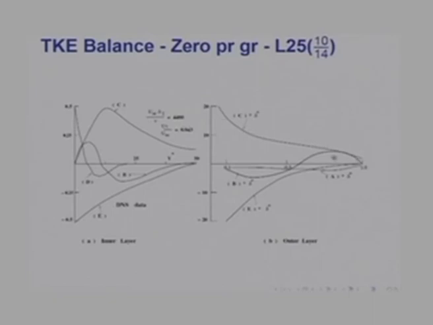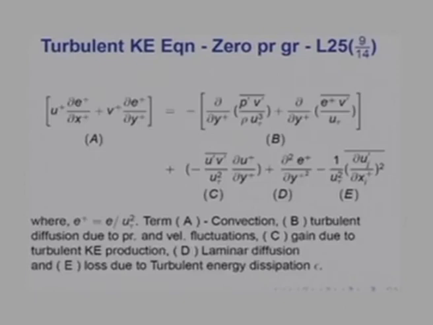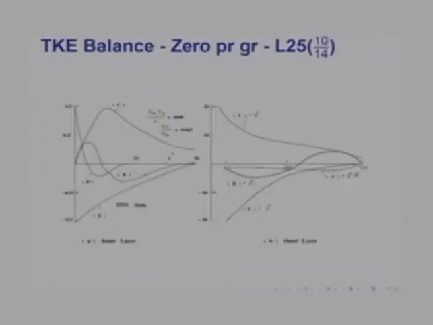Finally, we will look at the term E, and just to capture here, term E is the turbulent energy dissipation, and that we said was large at the wall, decreasing here, and it goes on reducing, and therefore, very little turbulent energy dissipation takes place in the outer layers.